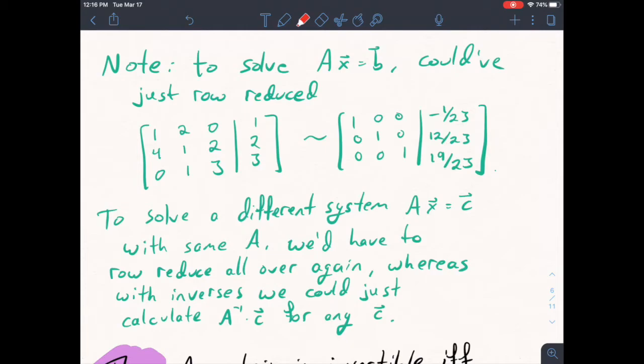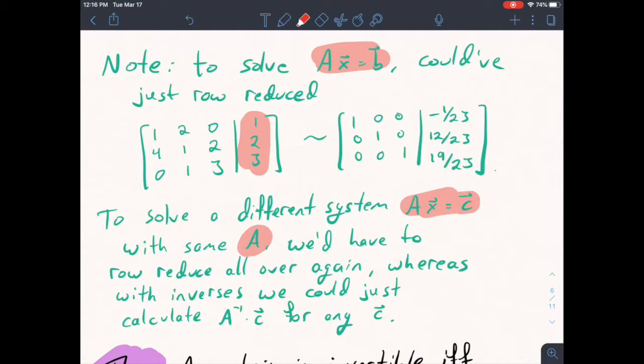Let's say that I wanted to solve this equation, Ax is equal to B, and also a different matrix equation, Ax is equal to C, with some different C, but the same matrix of coefficients A. So I would put a different C in at the end here. Instead of B being 1, 2, 3, I could have C is equal to 4, 5, 6 or something.